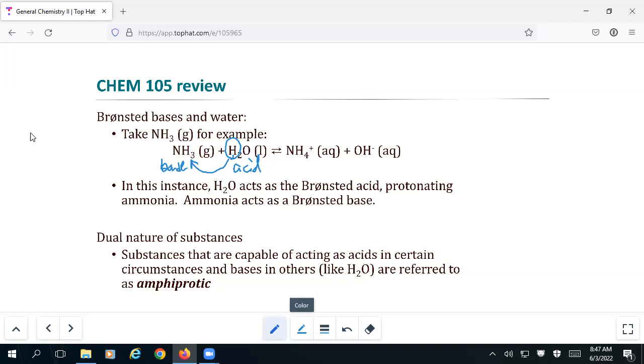And what this generates for us is a couple of things. First of all, we can always identify acids and bases based off of these properties. All I need to do in looking at a chemical equation involving one of these is simply to monitor the movement of the protons and figure out, okay, is this an acid or is this a base?